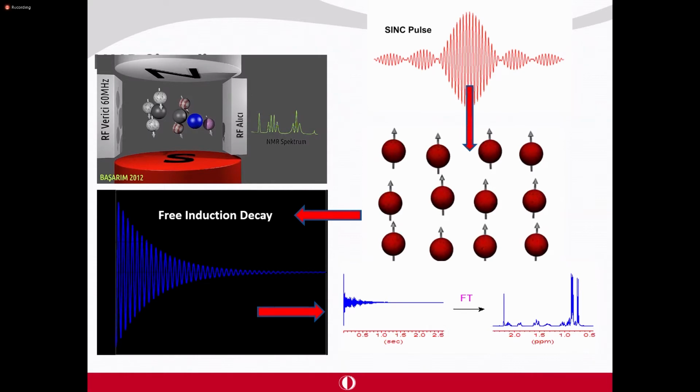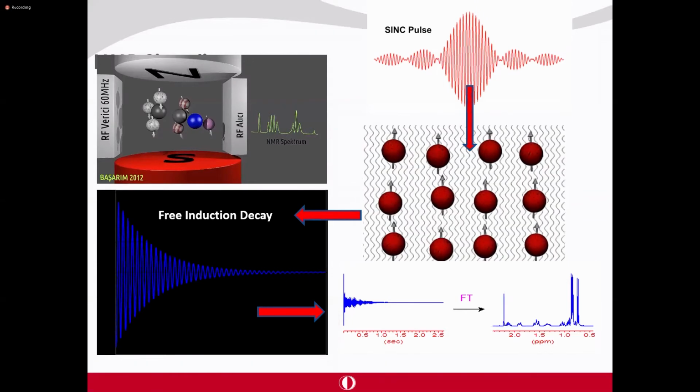So let me also show you here. As you see here, we have the spins again precessing, and when an RF pulse, like the sinc pulse you see on the top, is applied, you see the spins change their orientations.